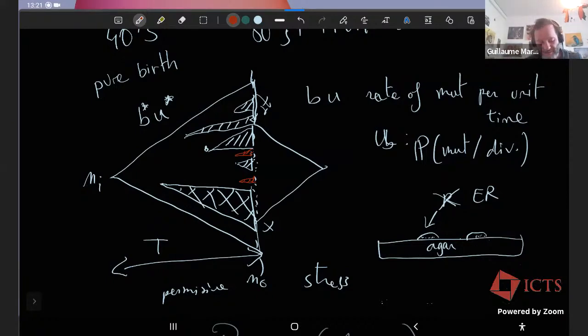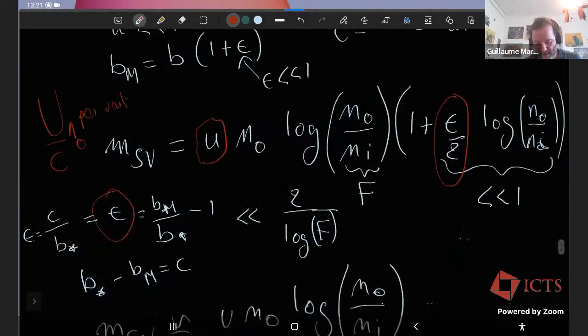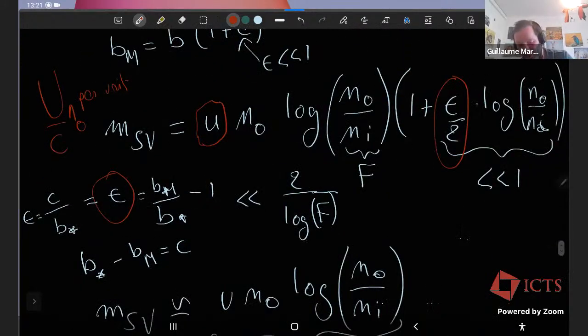So here we see this kind of effect: if you are doing the expanding population, even though your mutations may be costly because they have an epsilon that is not zero, for some time, at least before you become large, you can neglect this effect. So you're really doing as if you were a bit neutral, because you don't lose so many types when you're expanding. So you're keeping more diversity than when you're decaying.